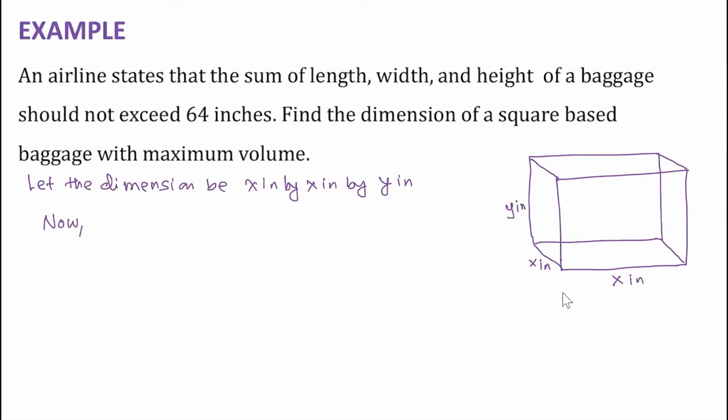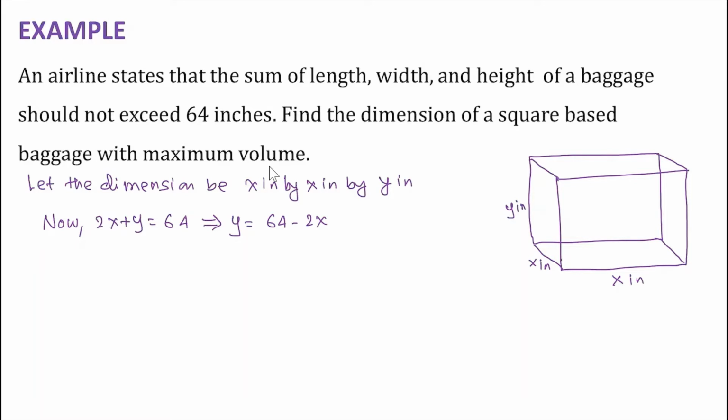So if you add x plus x and y, that will be 2x plus y is equal to 64. If you want to find the value of y from here, then y is equal to 64 minus 2x, if you subtract 2x on both sides. So we are talking about the maximum volume.